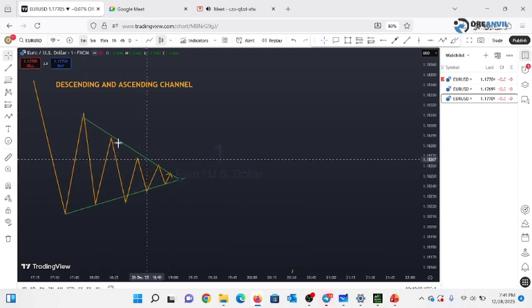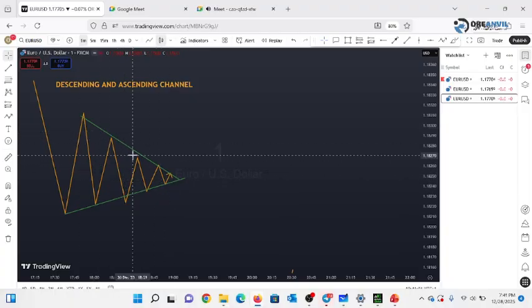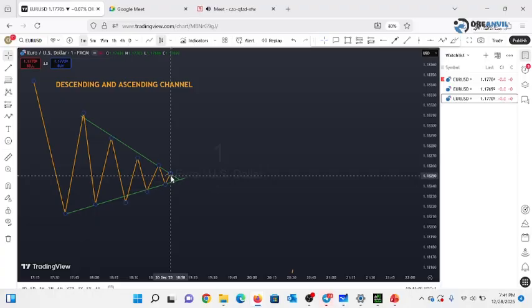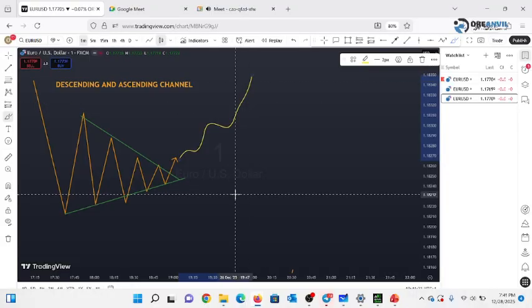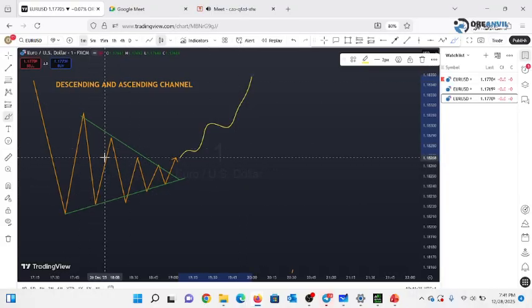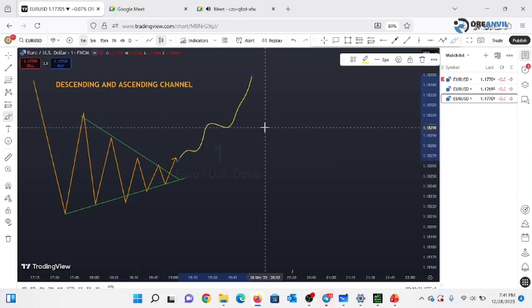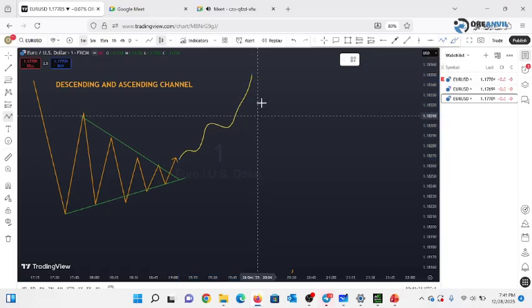The pattern you just saw here, if you go to the chart, you are going to see a lot of them. And how do you trade this pattern? You are waiting for the market to break out of this line. This is your trend line. Once the market is able to break out of your trend line, then the market will start going to the upside. And this is what we call a descending channel. Sometimes this descending channel can also look like this.